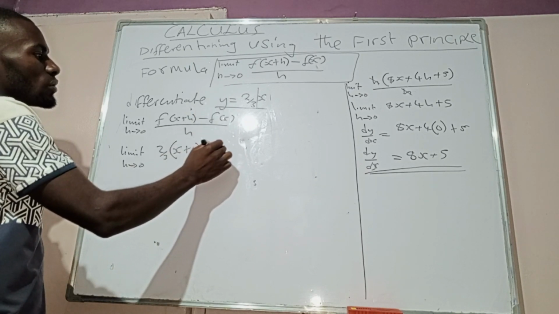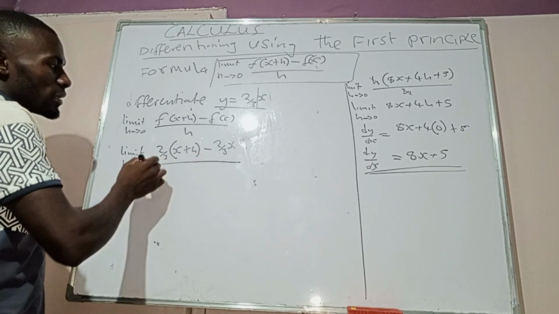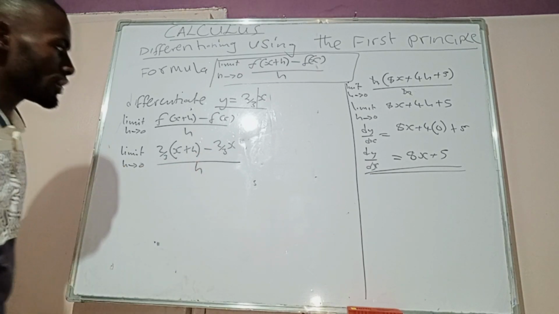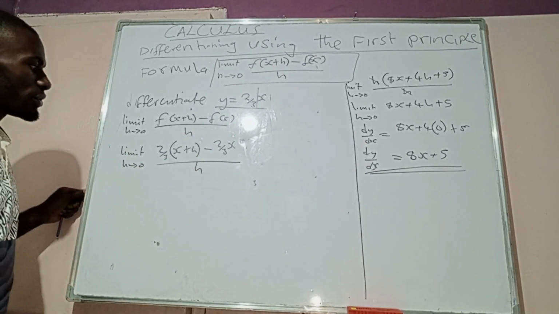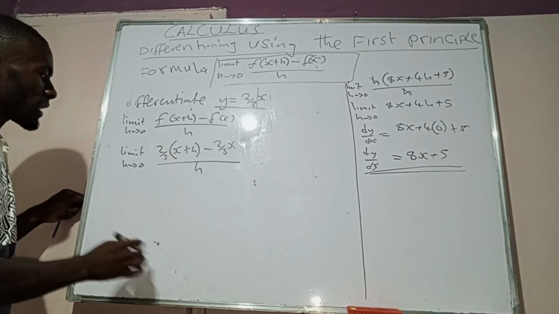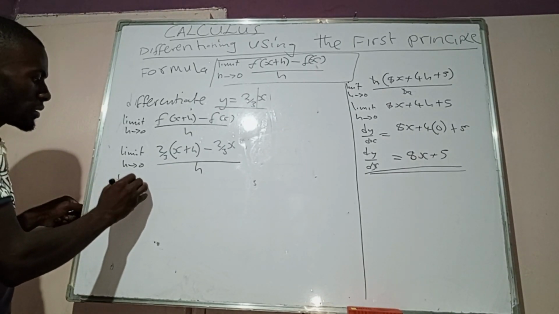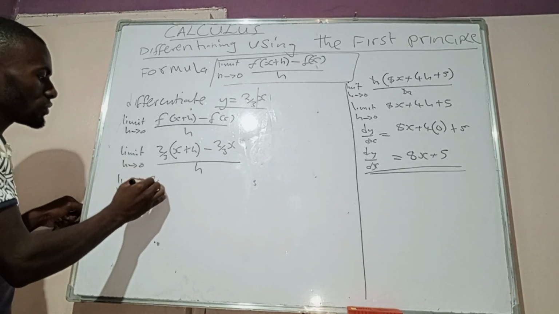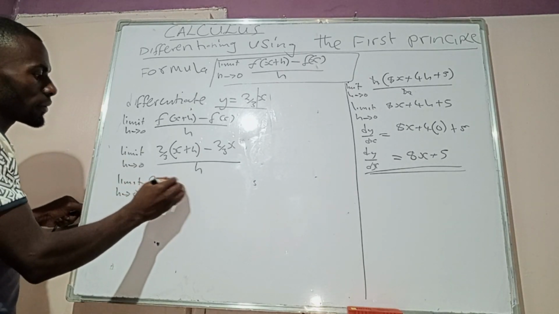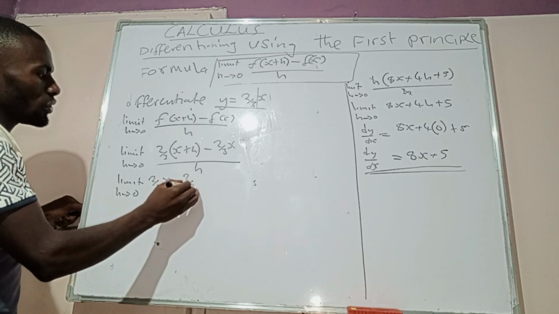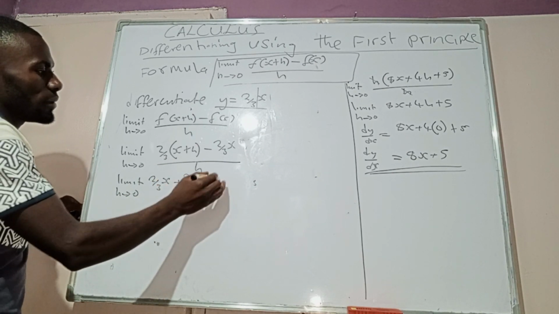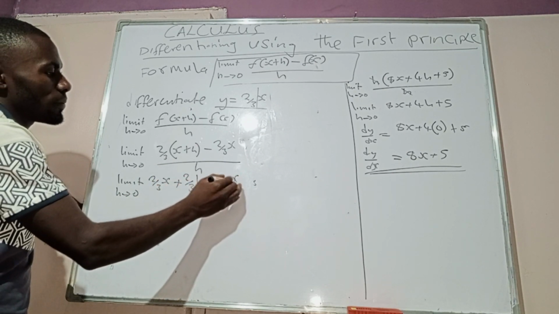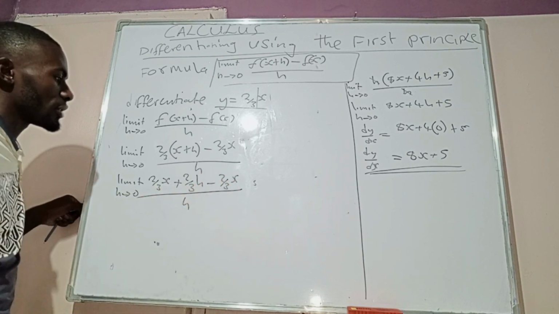The f of x is 2 over 3x, divided by h. So we're going to distribute 2 over 3 into these brackets here. So we have limit, when h approaches 0, we are going to have 2 over 3x plus 2 over 3h minus 2 over 3x over h.